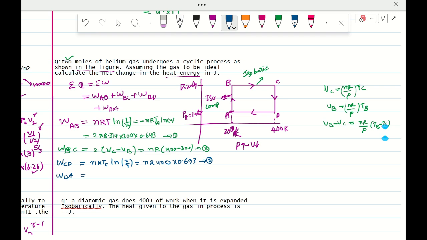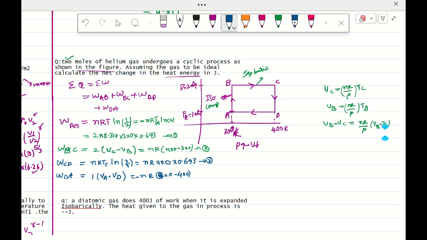Now the work done from D to A. It is at the same pressure, 1 atmosphere, into Va minus Vd. It is a compression, so negative work done. That is minus of nR into 300 minus 400.